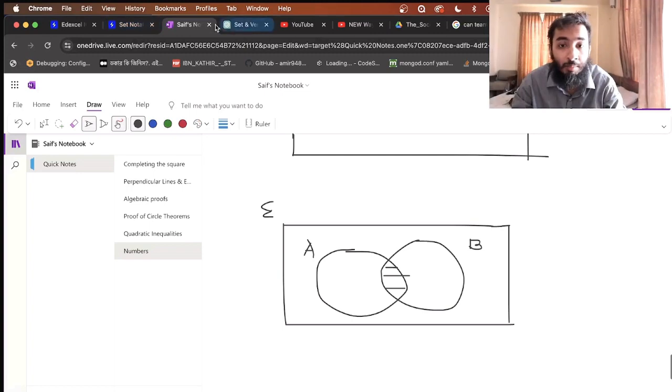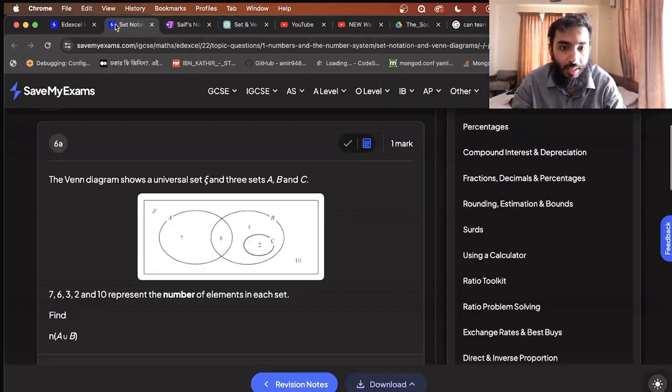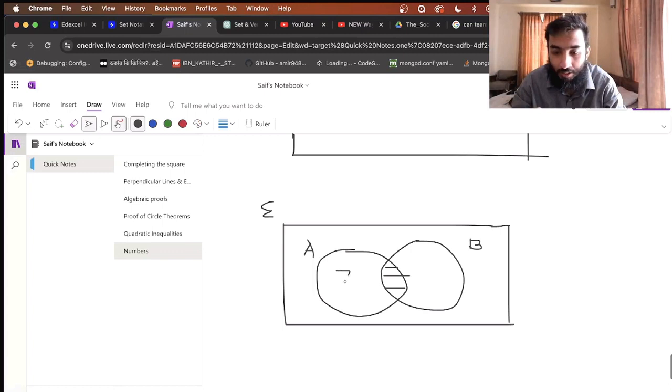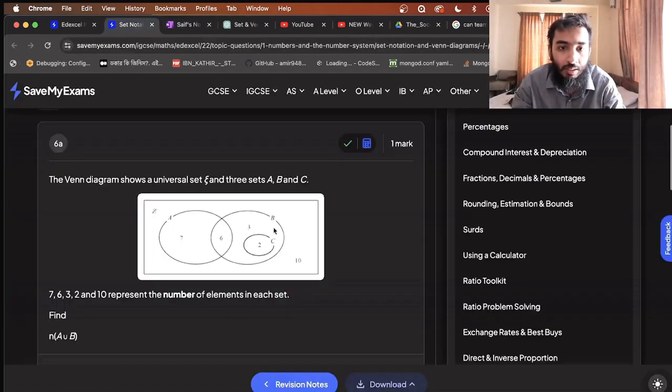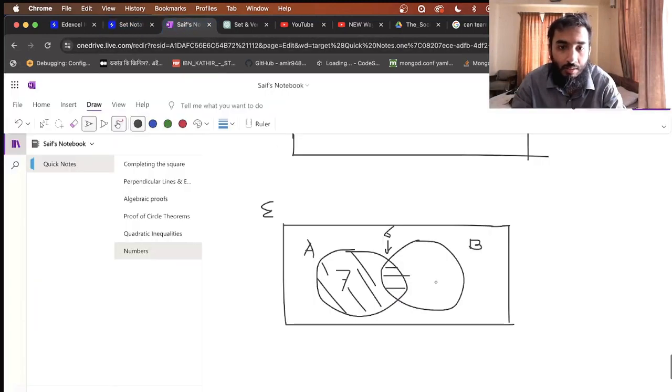There are some numbers given. This 7 represents the number in this portion. The number given in this portion is 6. There is also another drawing, which is C. This is another set C, which has the number 2, so C has 2 elements.